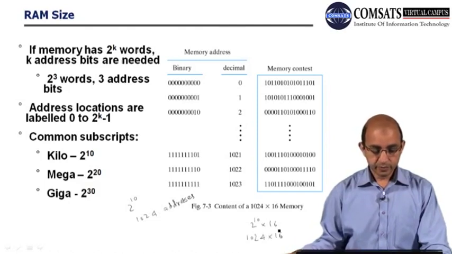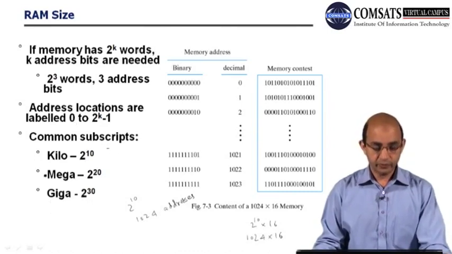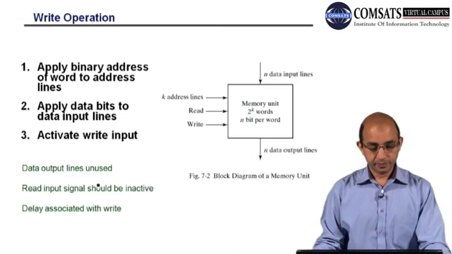Normally we use some prefixes: 2 raised to power 10 for kilo, 2 raised to power 20 for mega, and 2 raised to power 30 for giga. Nowadays we come across giga very frequently, because the RAMs are in giga, even for personal computers or even for tablets.